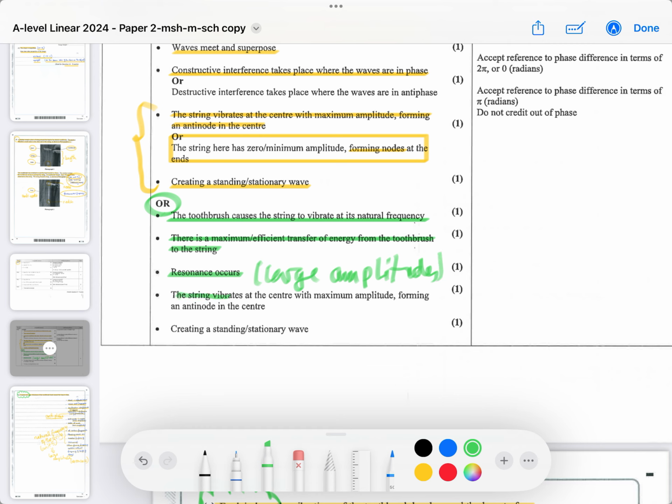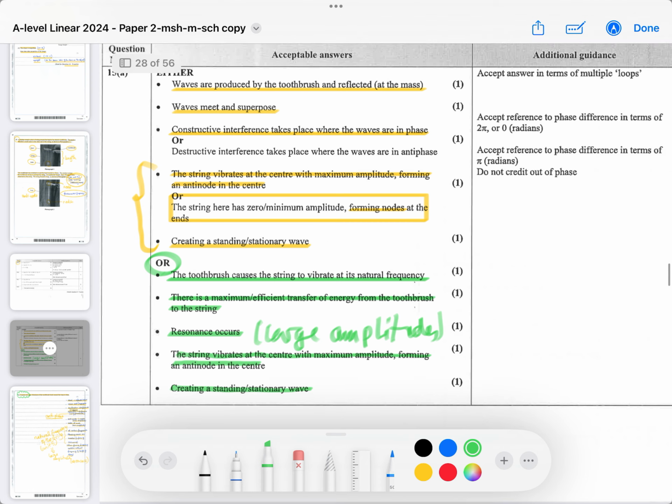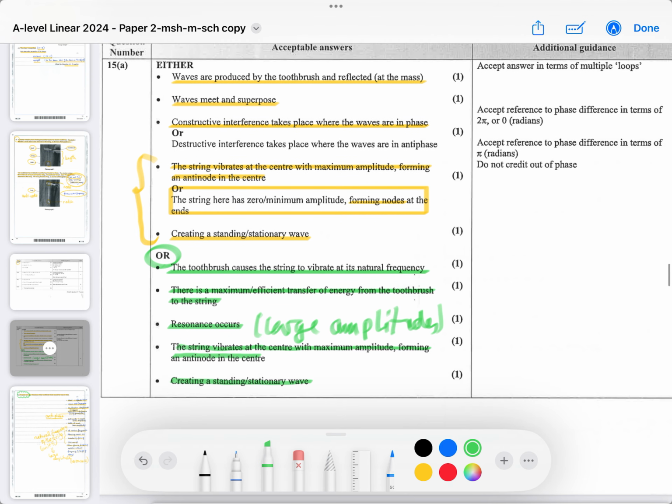So the string vibrates at the center with maximum amplitude, yeah, and an antinode in the center. And this is what creates a stationary wave or a standing wave. So you see both of these, I included both of these in my notes for you. So it just depends. This is more the year 13 version, yeah, and the yellow bit is more the year 12 way of doing it with stationary waves.